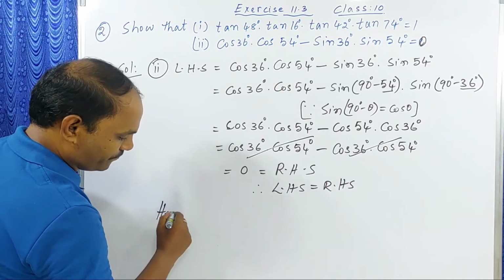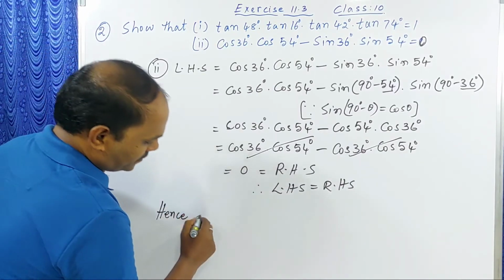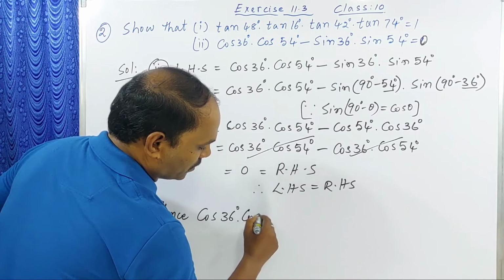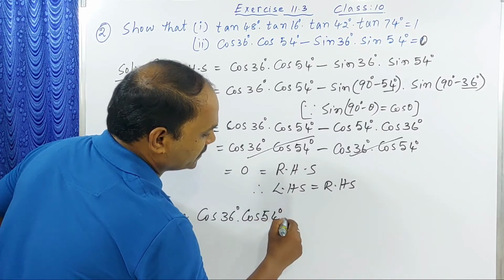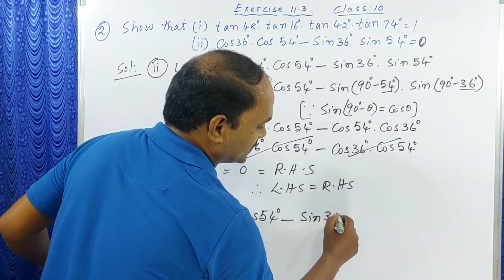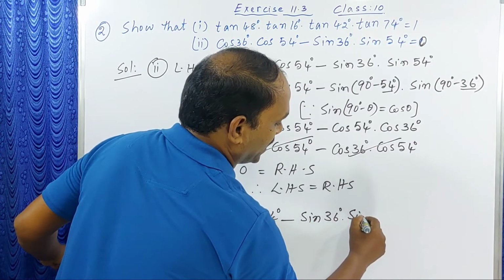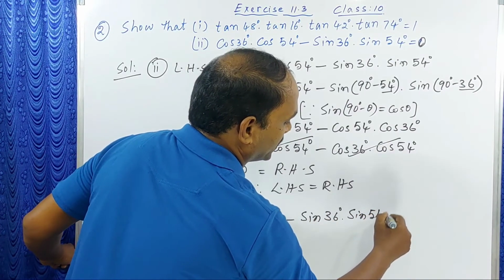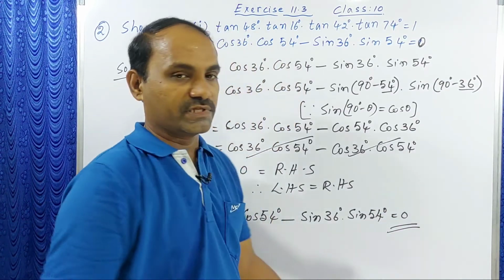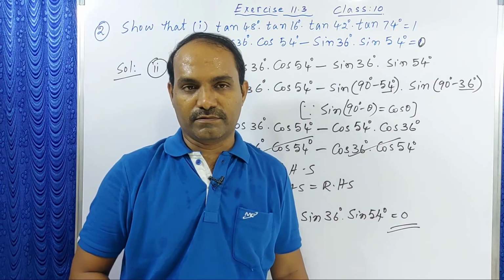Hence, cos 36 degrees into cos 54 degrees minus sin 36 degrees into sin 54 degrees is equal to 0. This one is the second one's proof. Is it understood?